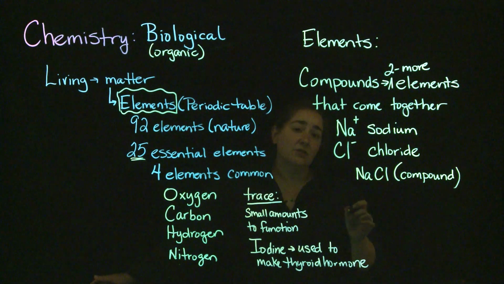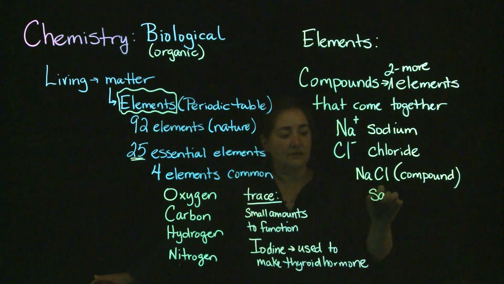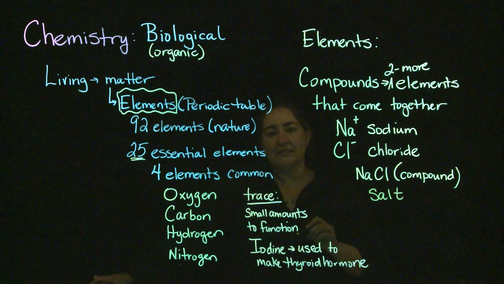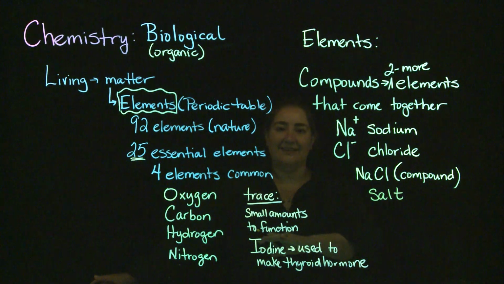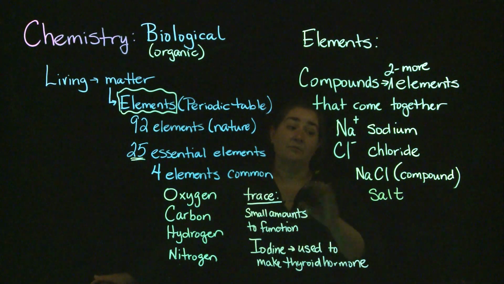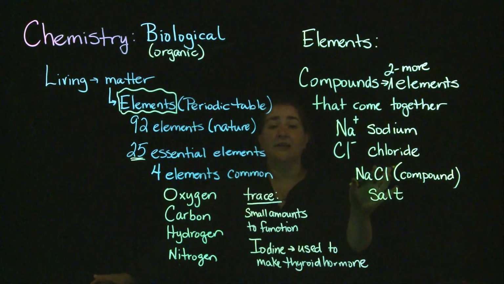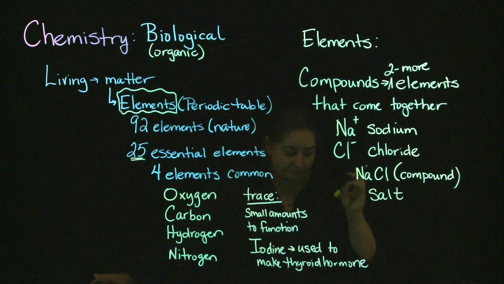And I pick on sodium and chloride because this is our common table salt. Brings us back to iodine, right? With iodine being added to table salt, okay? The iodine doesn't interact with the sodium chloride. It's going to be independent of it because the sodium and the chloride have already made a compound, okay?